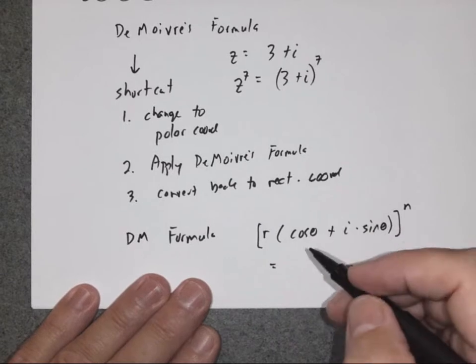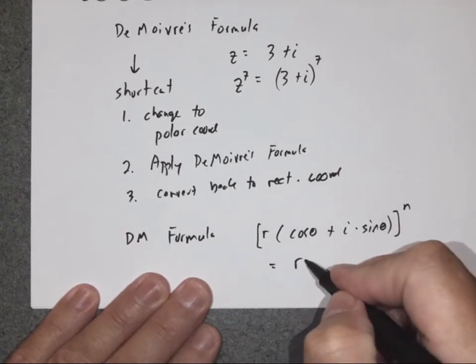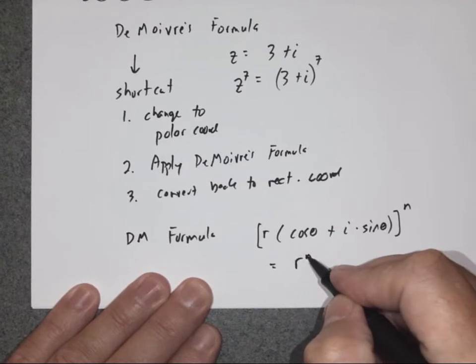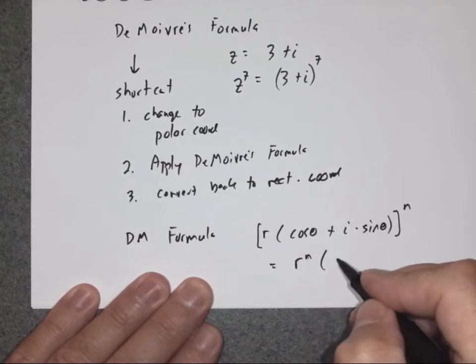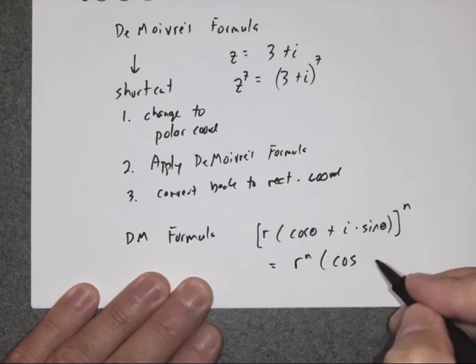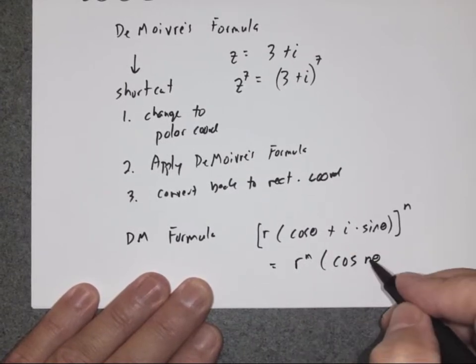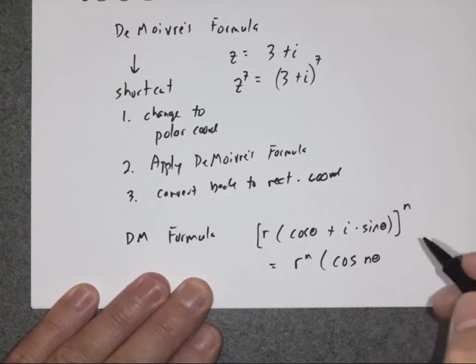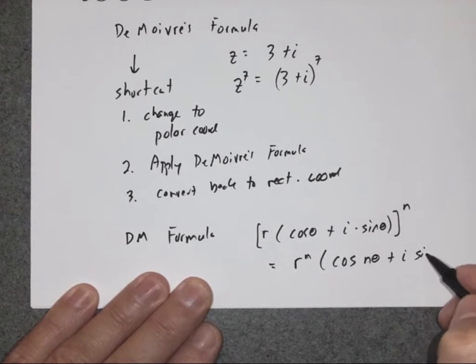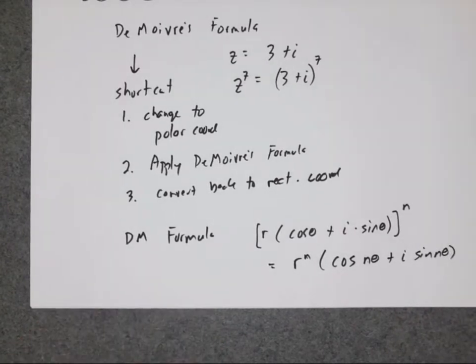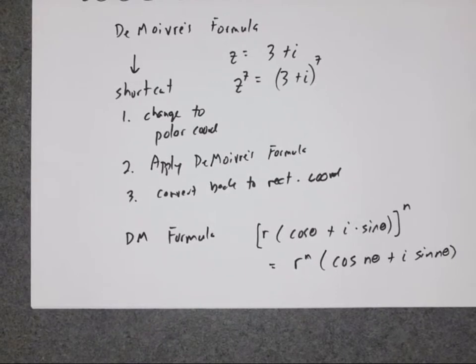He found out that it just equals, if you take the r out here and apply the exponent to it, and you take cosine, whatever your theta was, you make it n times theta, plus i sine n theta.